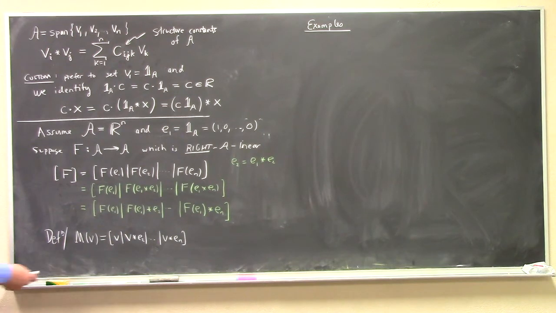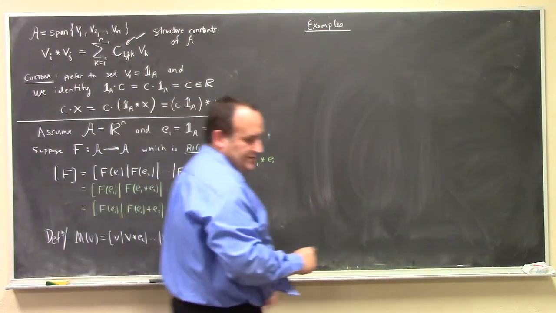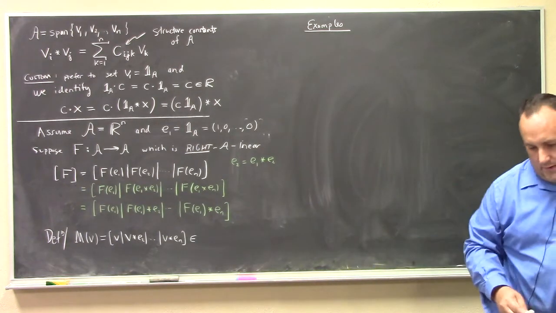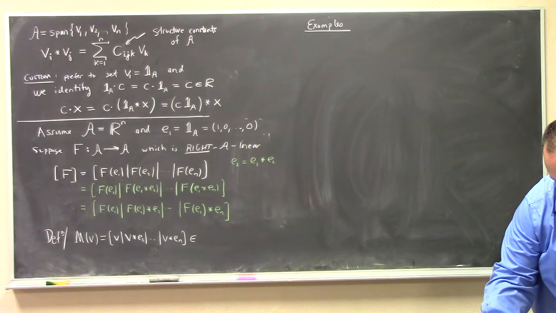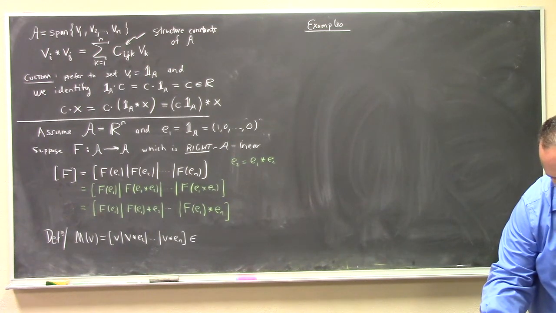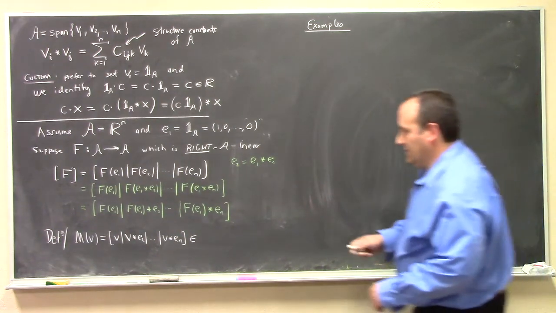So this is an element of R^(n by n). Well, I see curses, my notation. So this is an element of what I call M_A.